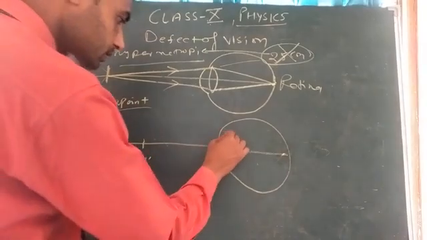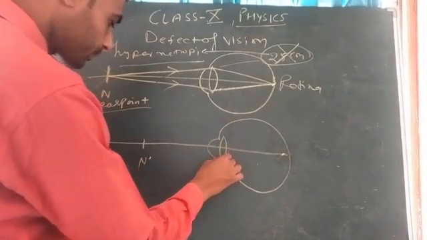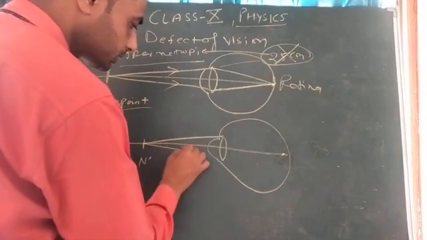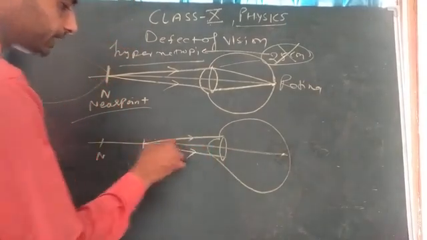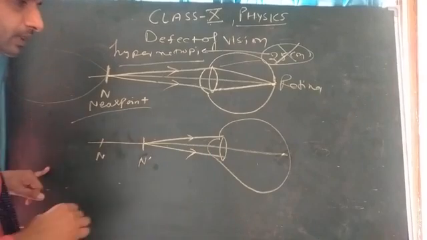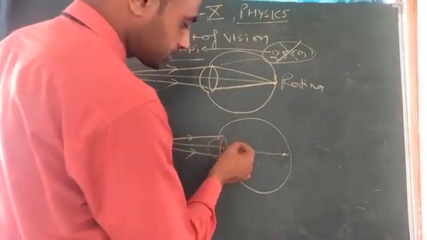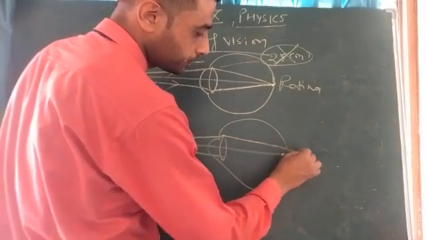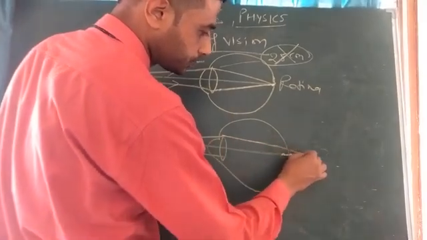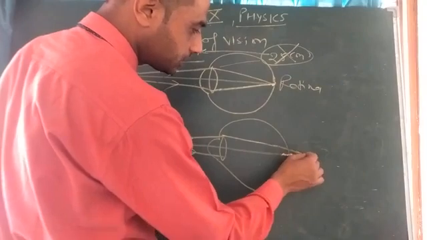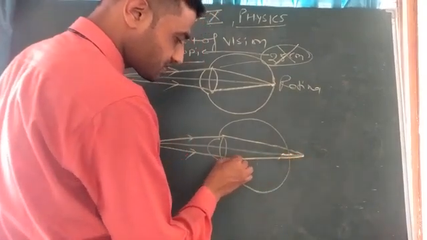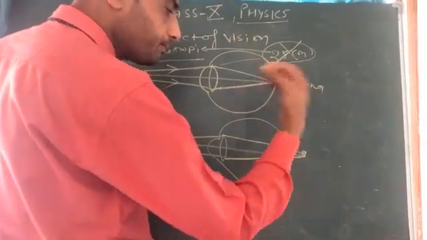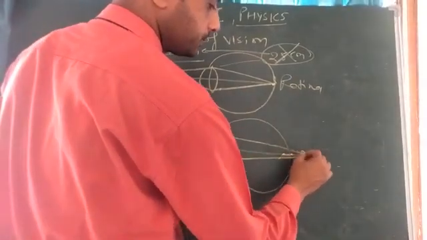So when the rays of light start from this point, it means if the object is placed at N dash, then this eye lens focuses the rays of light beyond the retina.